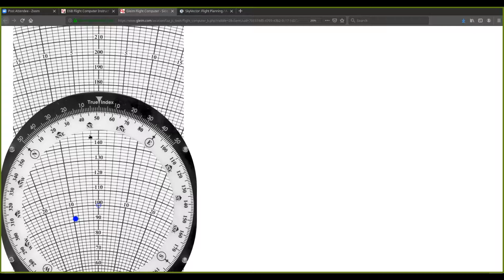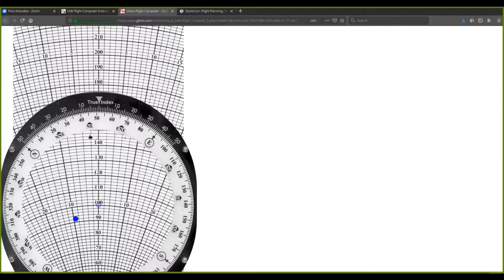Next thing on the directions, anyone want to read it for me? Slide wind velocity mark to the true airspeed. Very good. So wind velocity mark is the pencil or marker mark you just made, to our true airspeed. Now, this is something that you need to have calculated before. You're going to have to do some of the legwork and do some of the math.